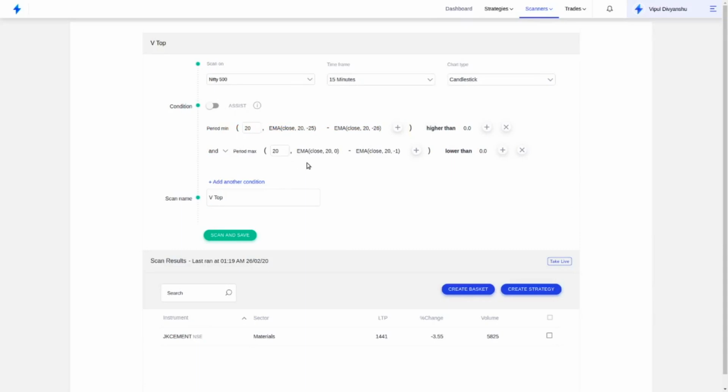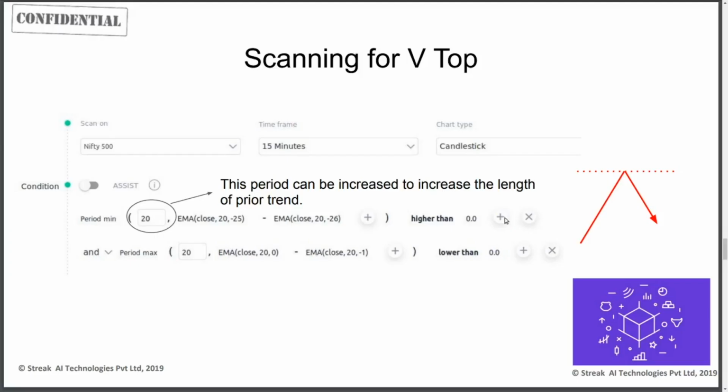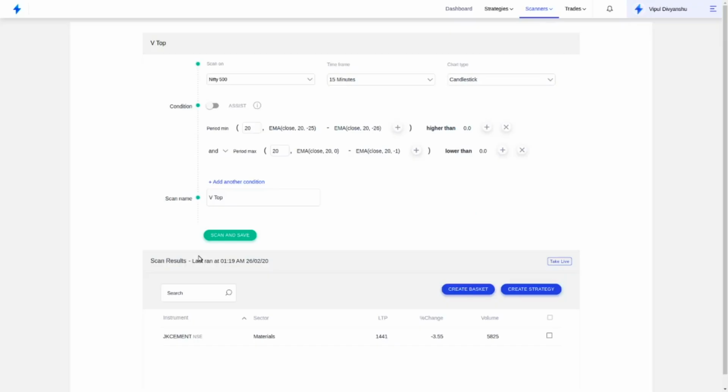Then after the recent 20 candles, the trend has reversed. So the trend has reversed. So period max I'm saying, period max of EMA close 20 and EMA close 20 with offset 1. This way of writing it lets me get the difference of current EMA minus previous EMA, current EMA minus previous EMA, previous to that minus previous to that, and so on and so forth.